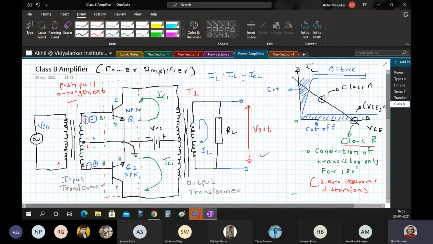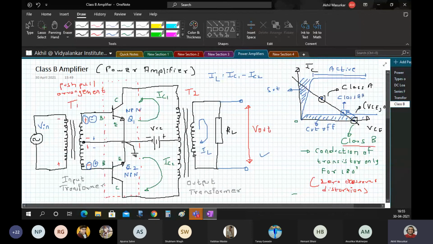So the designer said, don't operate at the Q point of class A and don't operate at the Q point of class B either. You move somewhere on this side. You move towards class A, but not at class A. So you operate somewhere here, and this position is called class AB.